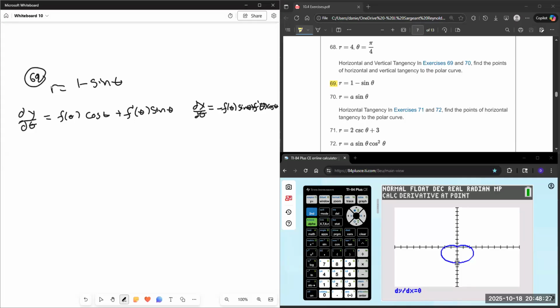And I want horizontal tangent lines, which are when dy/d theta equals 0 but dx/d theta is not equal to 0. Vertical tangent lines are when dx/d theta is equal to 0, but dy/d theta is not equal to 0.